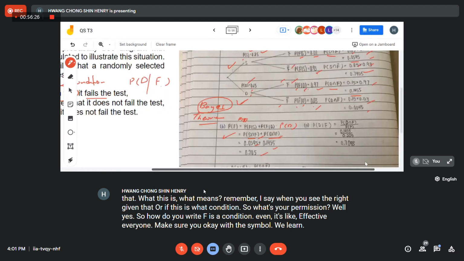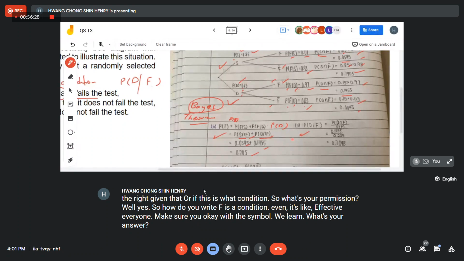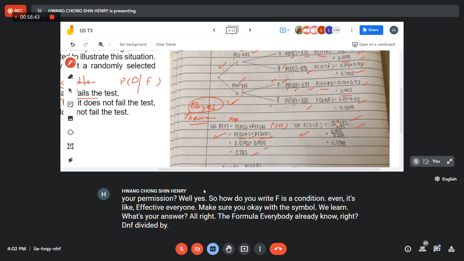Wilan, what's your answer? Correct. So the formula, everybody already knows, right? P(D and F) divided by P(F). Always divide by the conditional probability, which is fail the test.